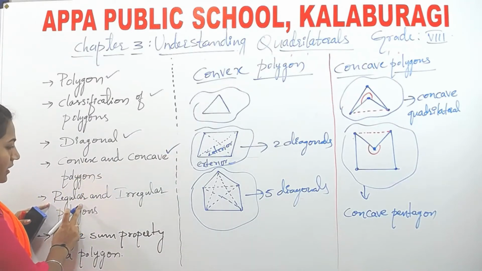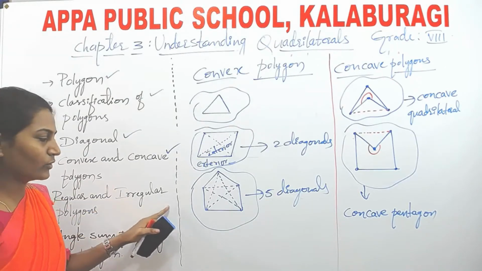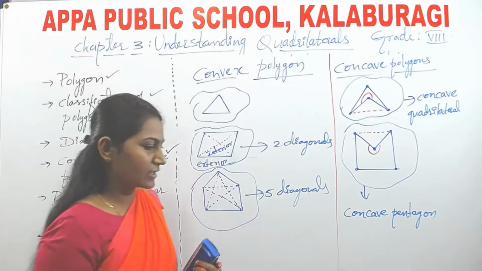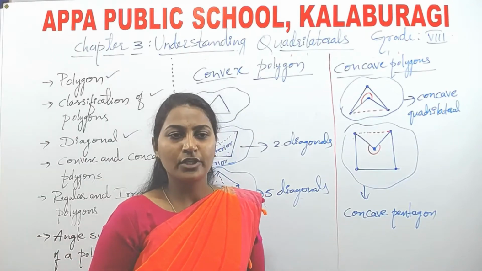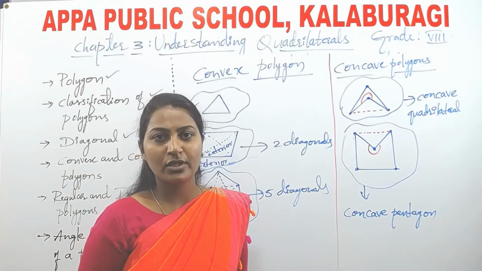Next is regular and irregular polygons. So again we are studying polygon, polygon and polygon. So now what is a regular polygon and what is an irregular polygon?